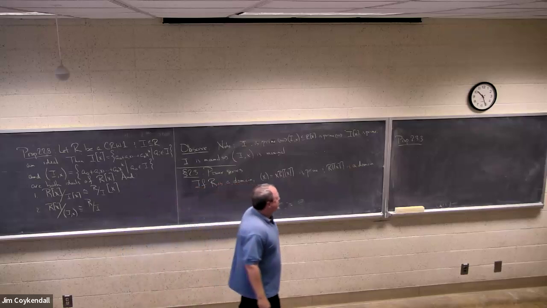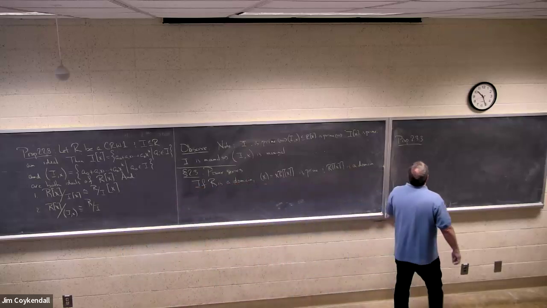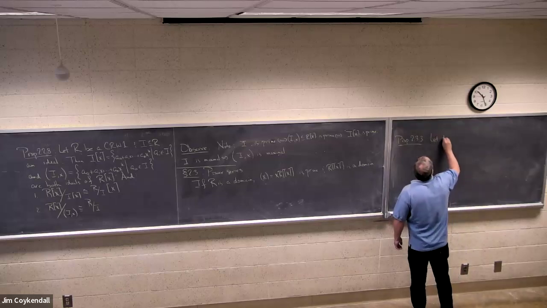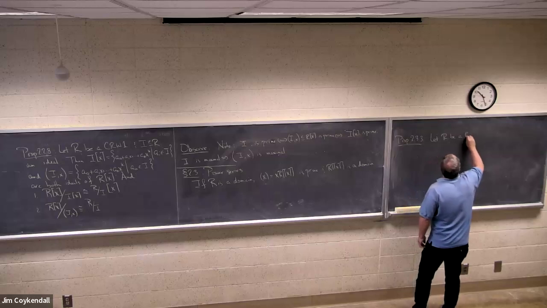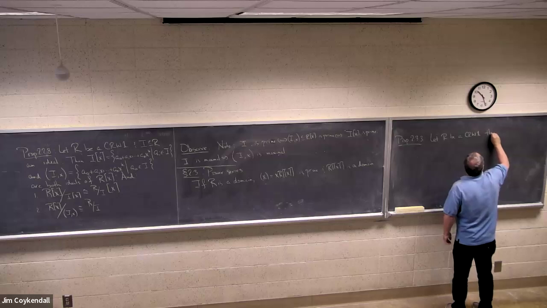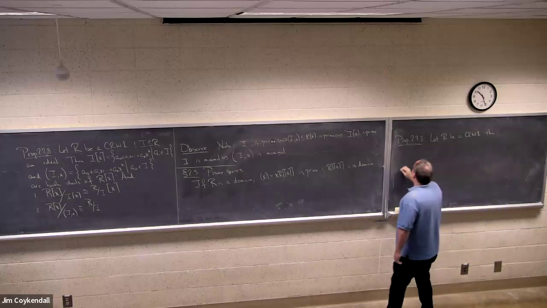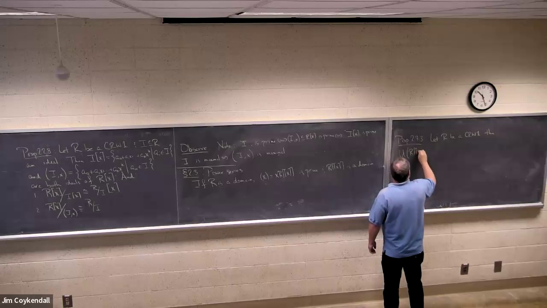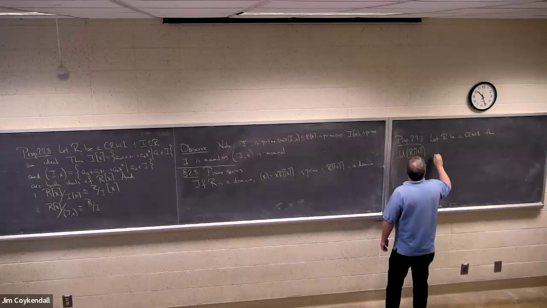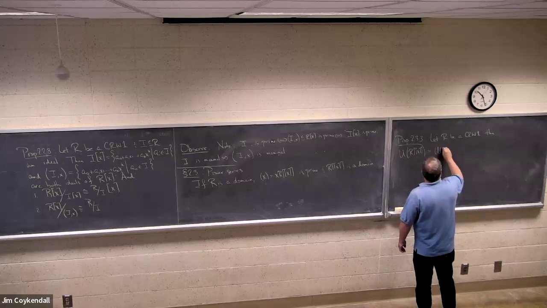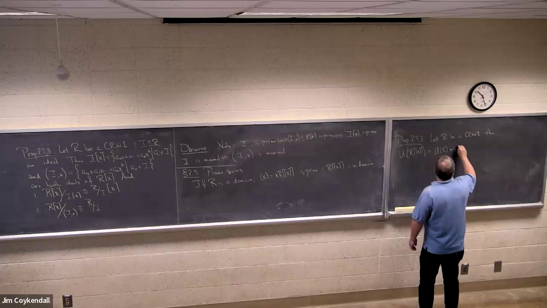Let R be a commutative ring with one. Then the units of R[[x]] are equal to the units of R, adjoined with X.